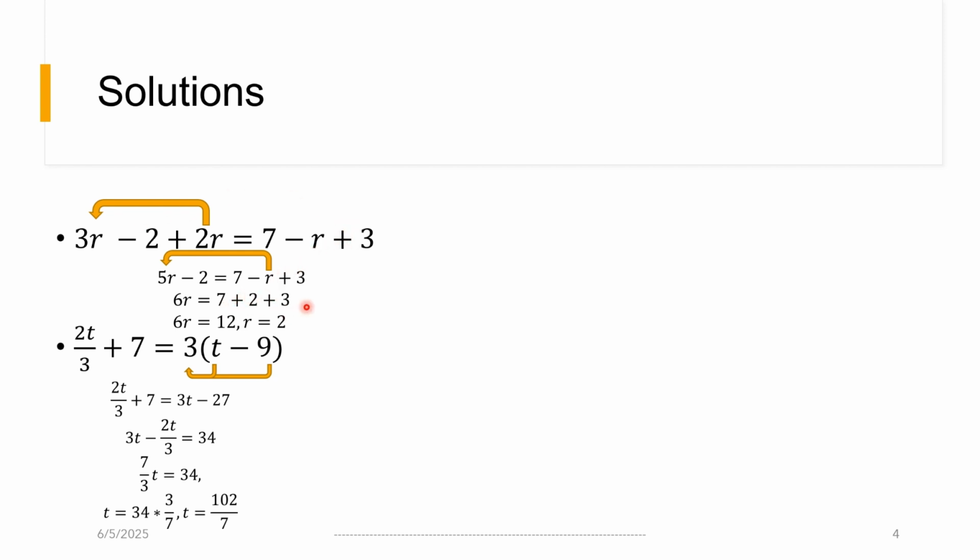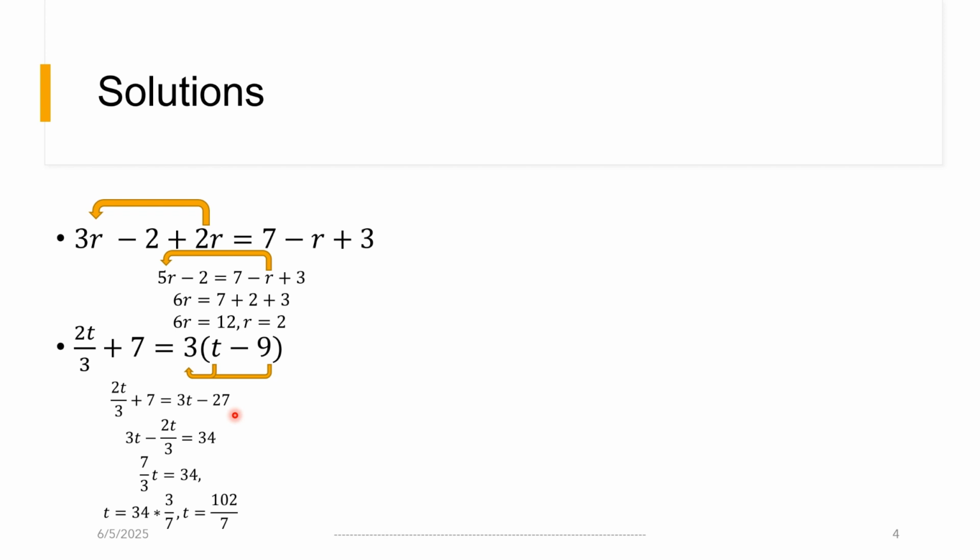So 7 plus 2 plus 3 basically is 12, and r is 2. Again, I may have made mistakes, but a good way to double check is to plug the value of r back into the equation, do some plug-and-chug substitution, and see if it creates a true statement. If it does, then that means we're correct.